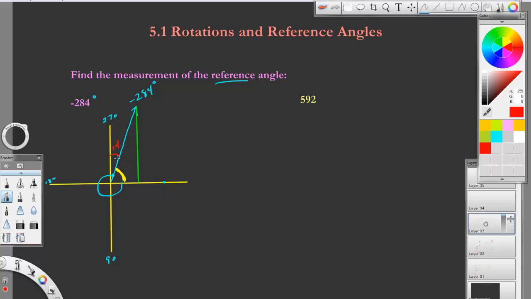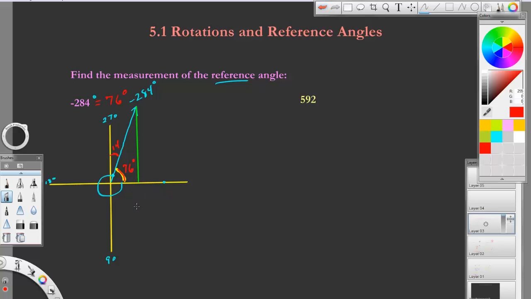So this yellow angle, because they're complementary, would have to be what? Well, if this is 14, what would this be? Because they have to add up to 90. This would have to be 76 degrees. So the reference angle to negative 284 is 76 degrees.